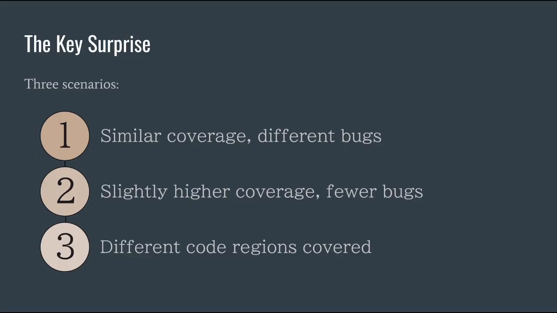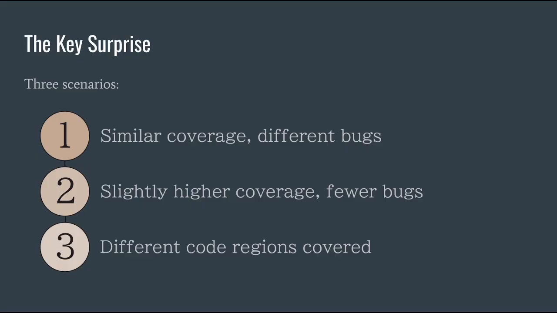Scenario 2 is small coverage differences that don't map to bug differences. Correlation doesn't say that a small coverage advantage guarantees a bug advantage. In fact, if differences are small and noisy, coverage can flip who looks better even if bug outcomes consistently favor the other fuzzer.